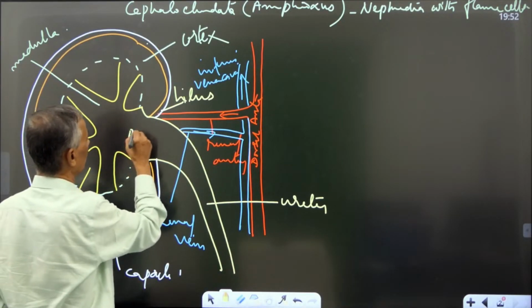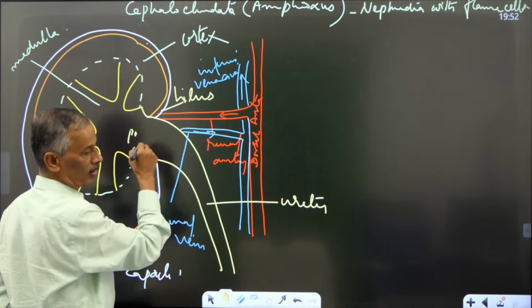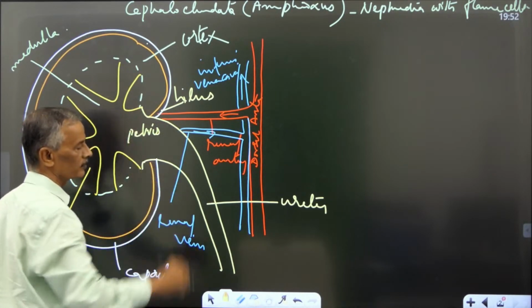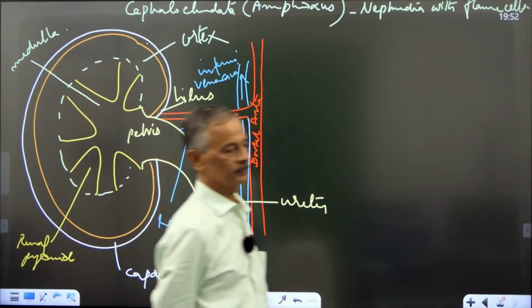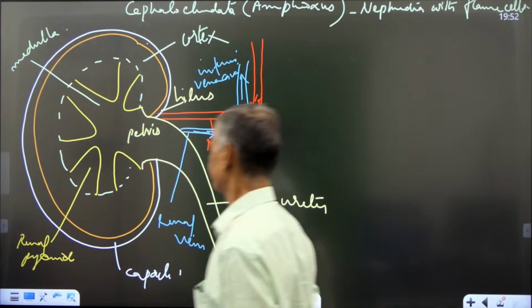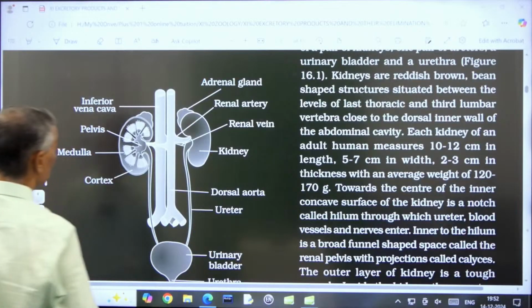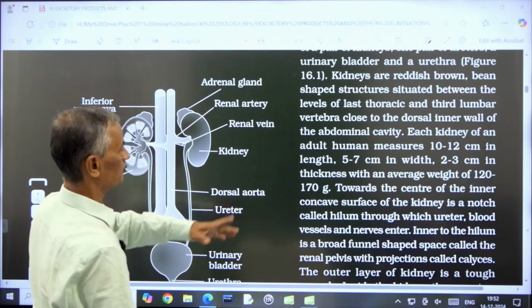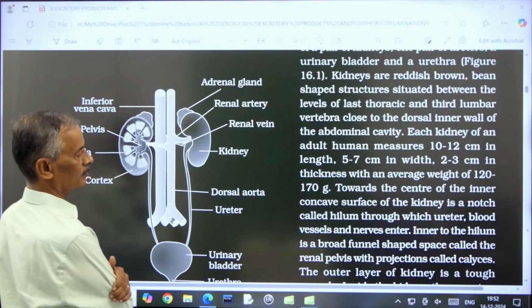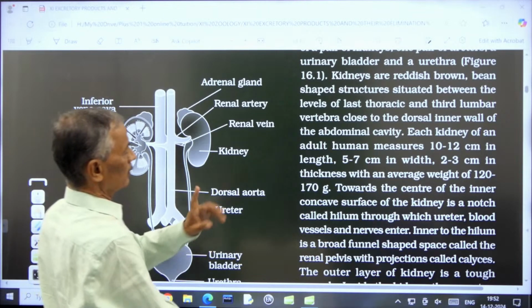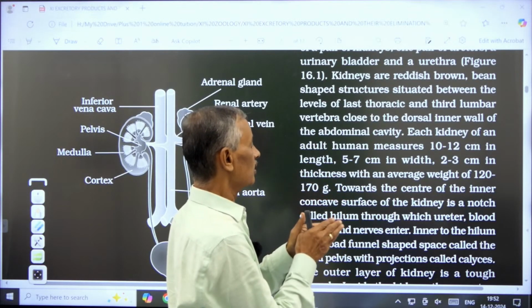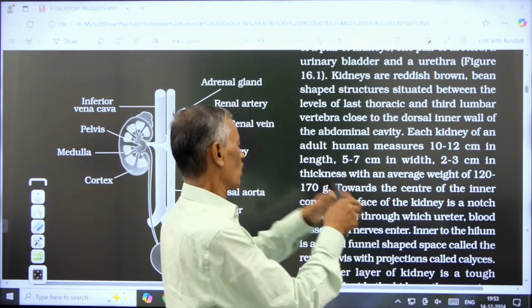This wide funnel-like structure is called the pelvis. Renal pelvis. Renal pelvis will be the site to which these pyramids are all focusing.